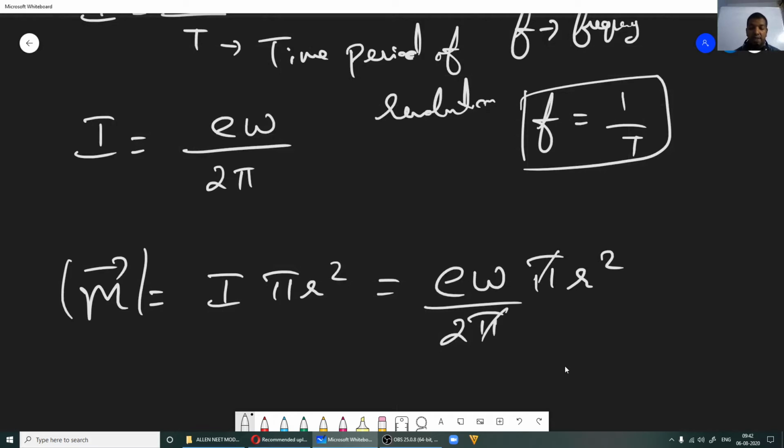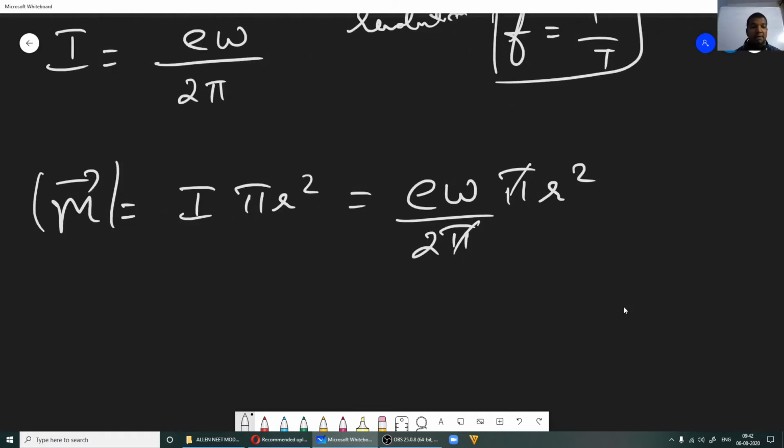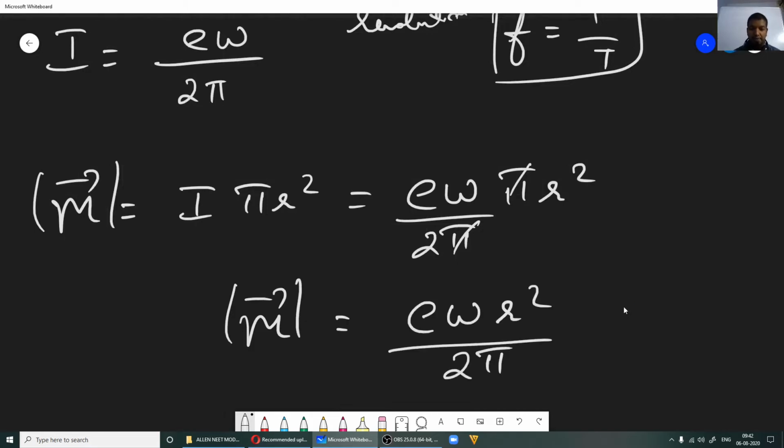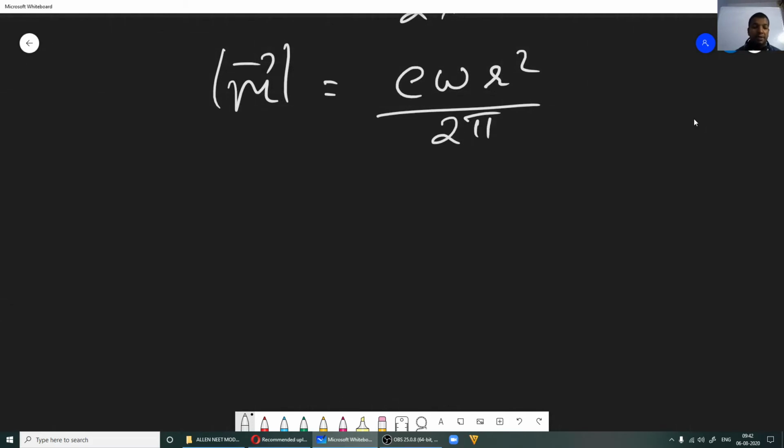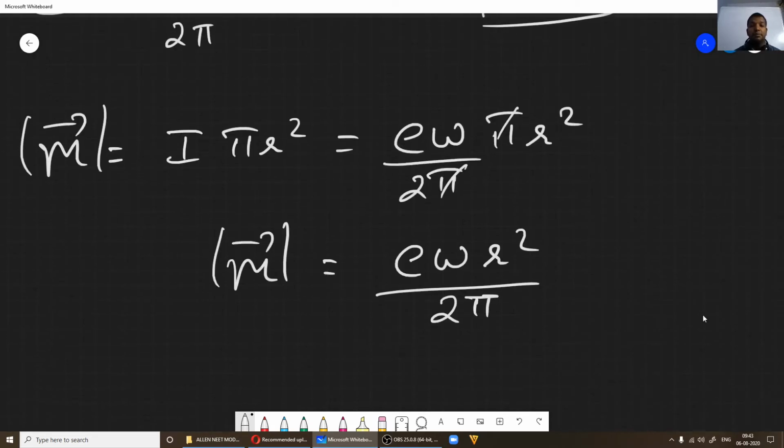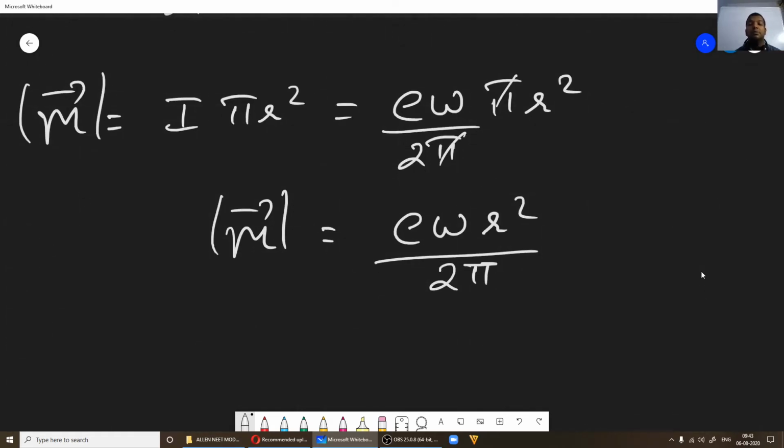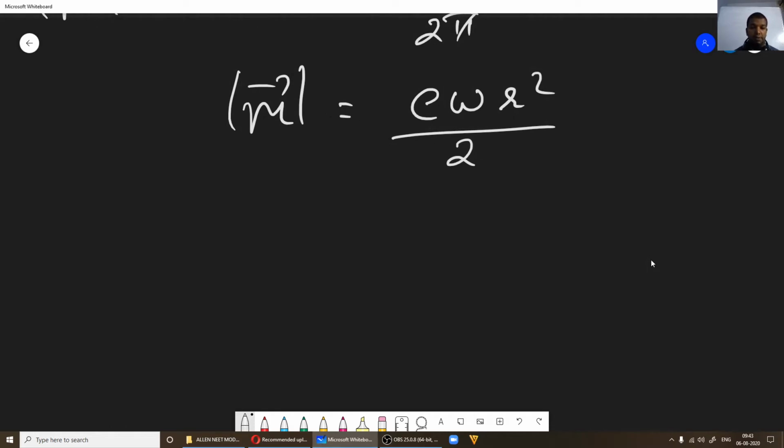Pi and pi get cancelled, so you get the magnetic moment m as e omega r squared divided by 2 pi. Pi got cancelled, so e omega r squared divided by 2, that's all.